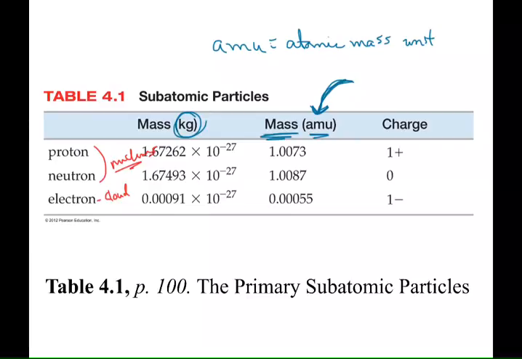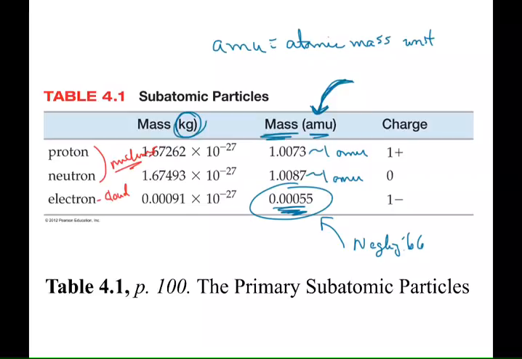I said a neutron weighs 1 AMU, a proton weighs about 1 AMU, and notice how much an electron weighs, 0.00055 AMUs. That's why we say this is negligible for our purposes anyway.